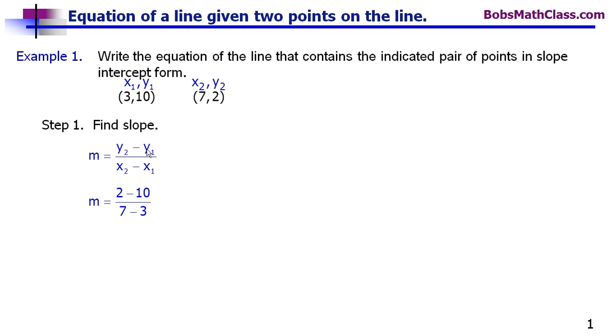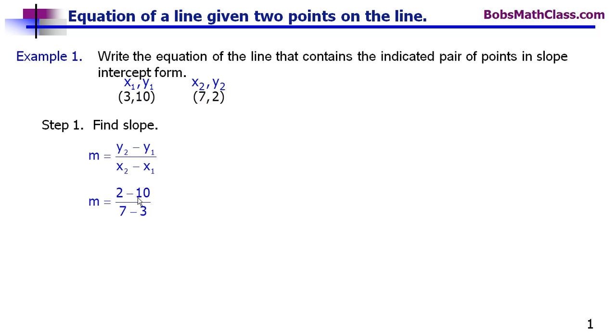Okay, so following that, y2 is 2 minus y1 is 10. So we're just substituting these values into the formula for slope. x2 is 7 minus x1, which is 3.